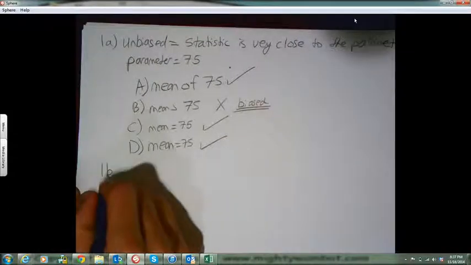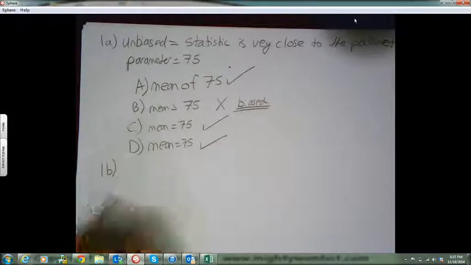All right. Let's look at 1B. 1B says, which statistic A or B is a better estimator?